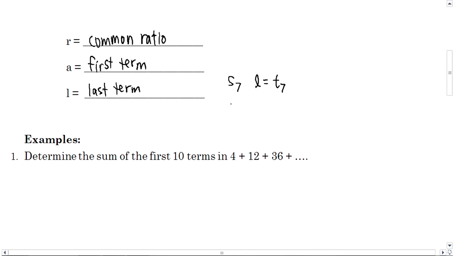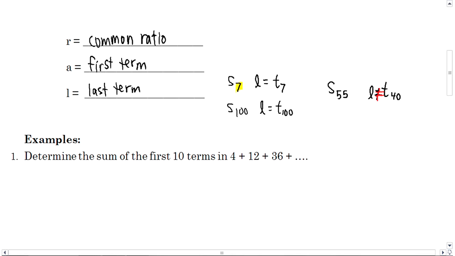If I asked you to find the sum of the first 100 terms, then your last number has to be T100. But suppose I asked you to find S55 and I give you T40. Well, T40 is not your last term. And I'm going to put this in red, like this. Ooh, that doesn't look good. No, not equal to.